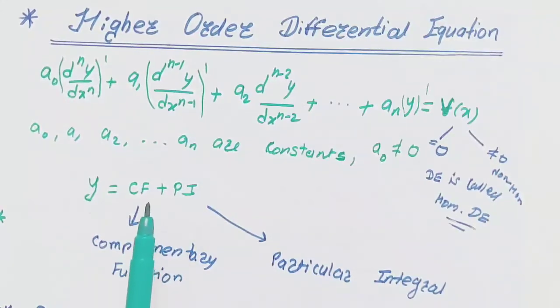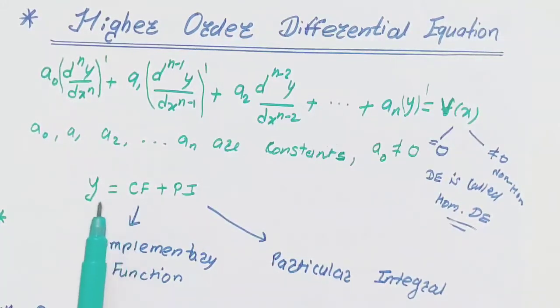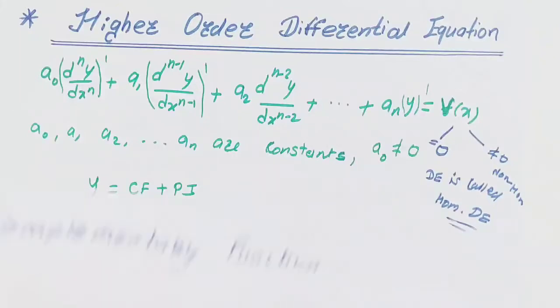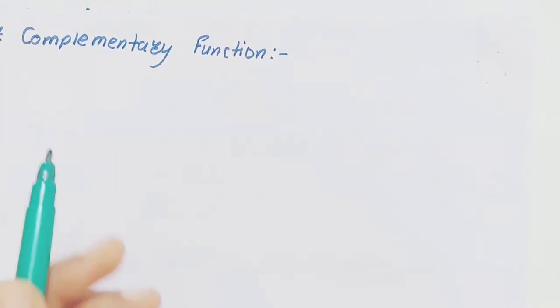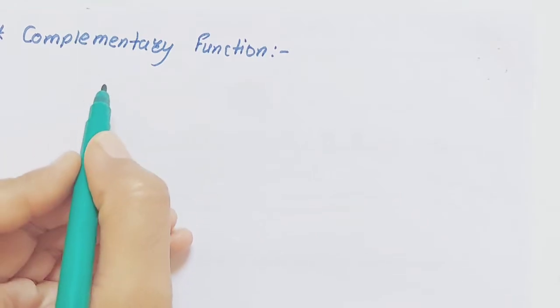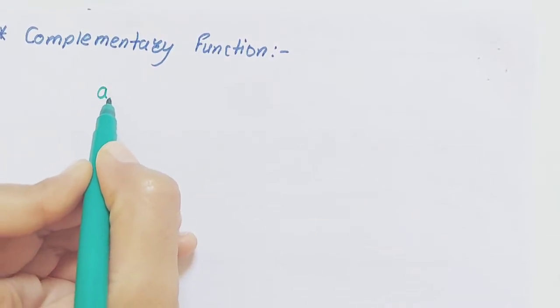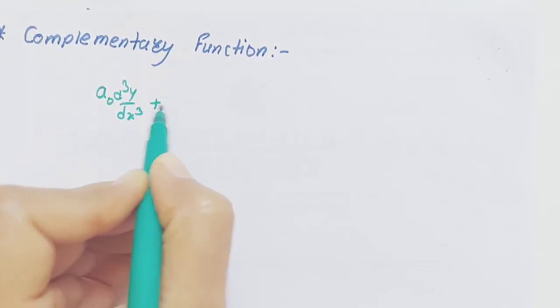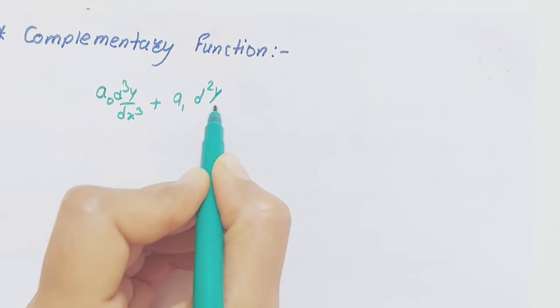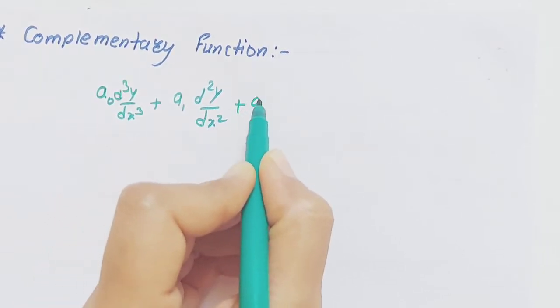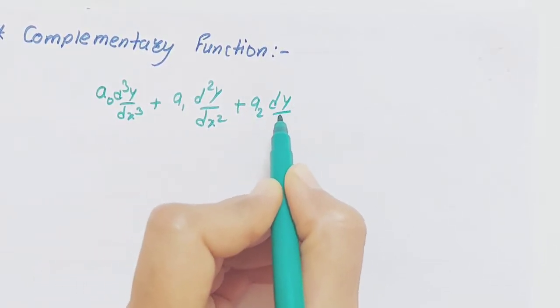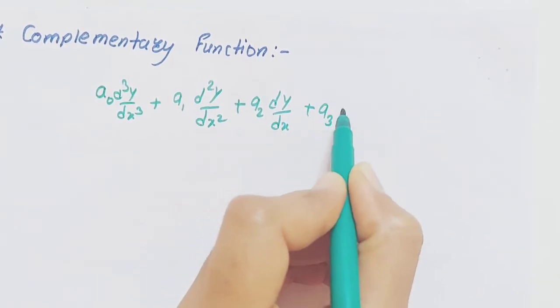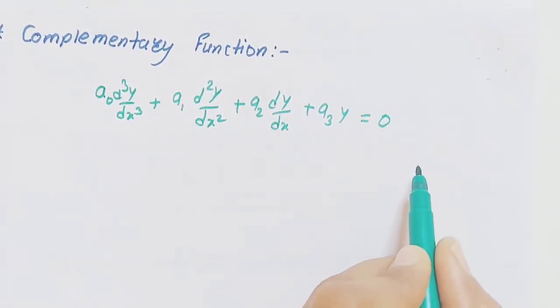Now how to find the complementary function we are going to discuss in this lecture, and to understand this concept I will take a third order general linear differential equation. So see here, for the complementary function, let us consider the third order linear differential equation, that is d^3 y by dx^3 plus a1 d^2 y by dx^2 plus a2 dy by dx plus a3 into y is equal to 0.